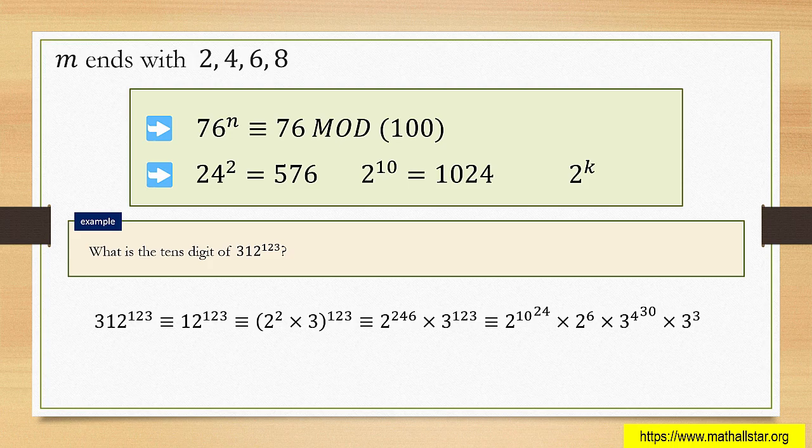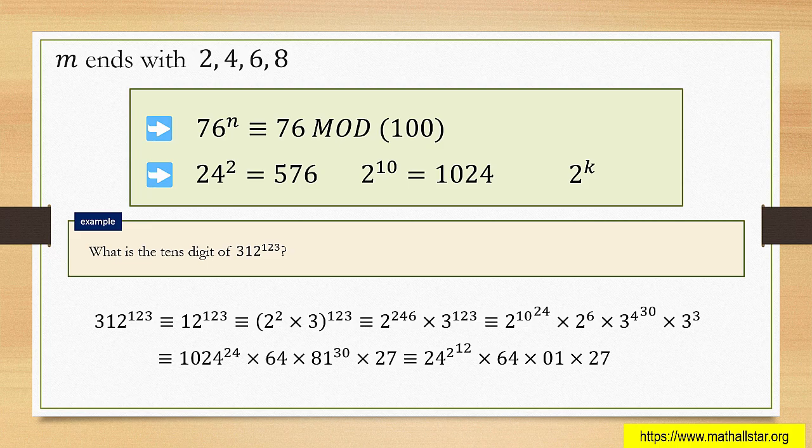Discard 3, the hundredths digit. Then factorize 12 into 2 squared times 3. Expand, then try to find the 10th power of 2 and the 4th power of 3. Next, expand 2 to the 10th power into 1024 and 3 to the 4th power into 81. Transform 1024 into 24.